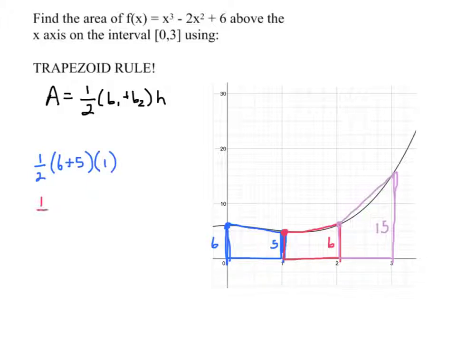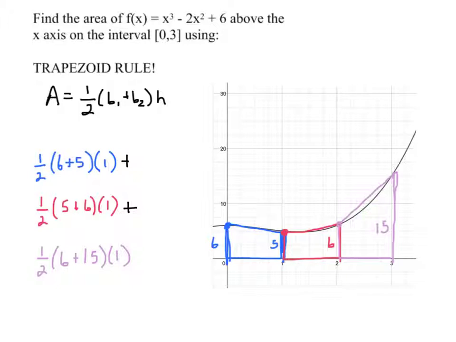The next trapezoid, base 1 is 5, base 2 is 6, and the height is still 1. The last trapezoid, base 1 is 6, base 2 is 15, and the height is 1. And of course, like all the Riemann sums, we just add these together, and that will estimate the area.